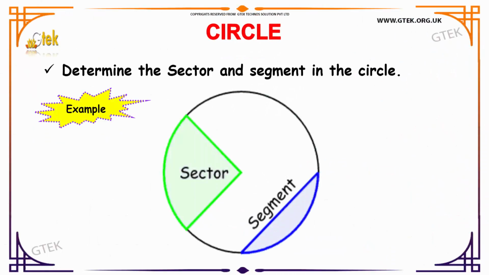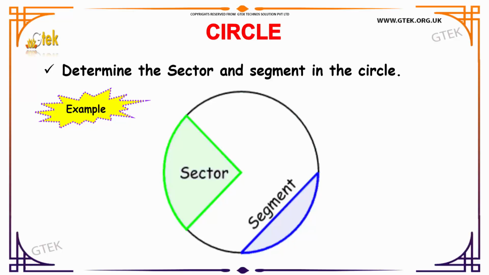Next, you have to determine the sector and the segment in a circle. Sector is the region that is formed by joining two radii of a circle.